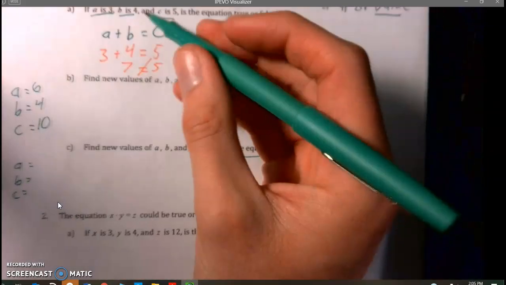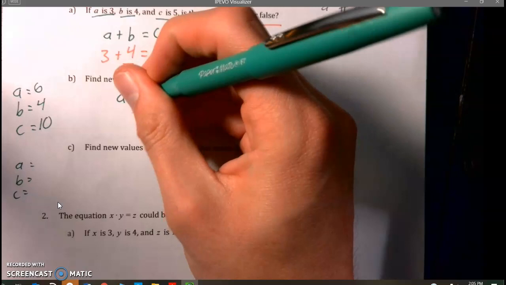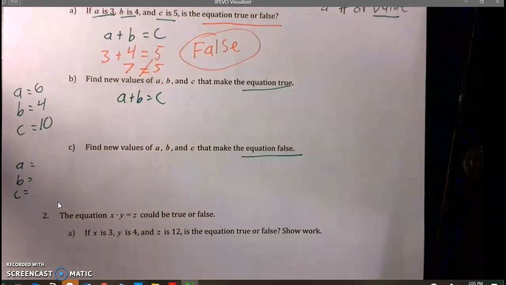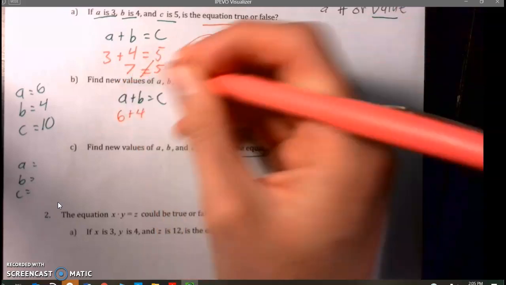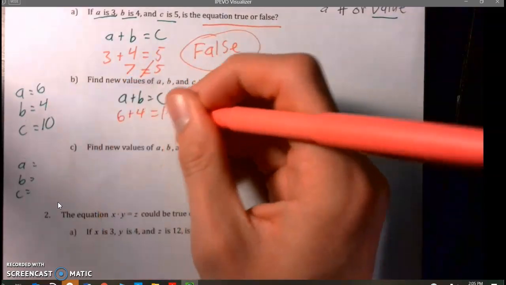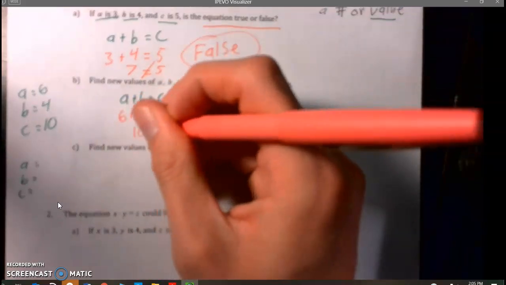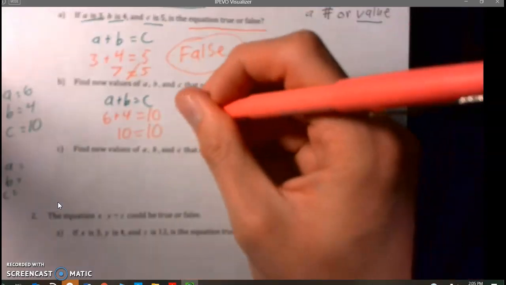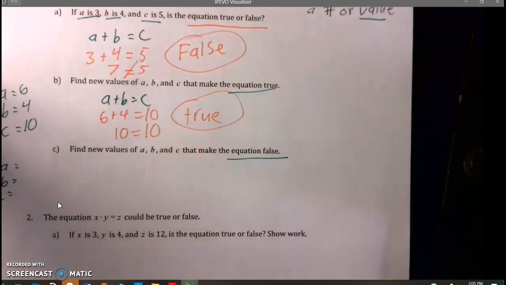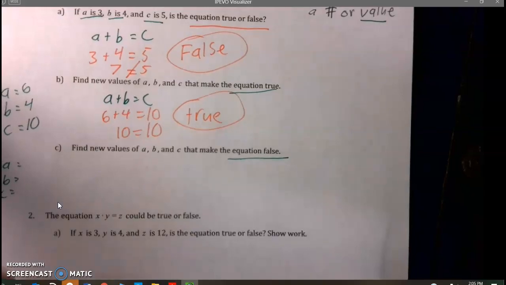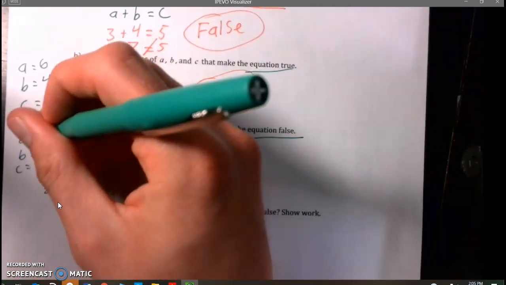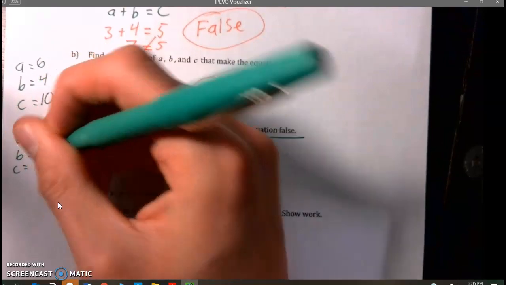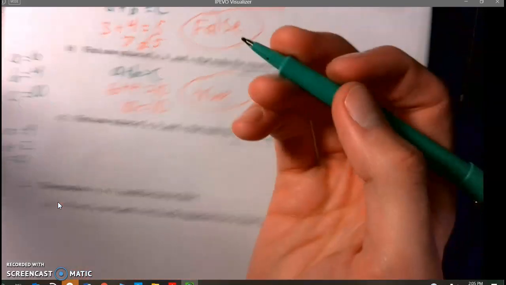And now, instead of A plus B equals C, I'm going to substitute my values in. 6 plus 4 equals 10. And 6 plus 4 is 10, so that would be a true statement. Okay? And to make one that's false, I'll do 4 plus 2 is 9.